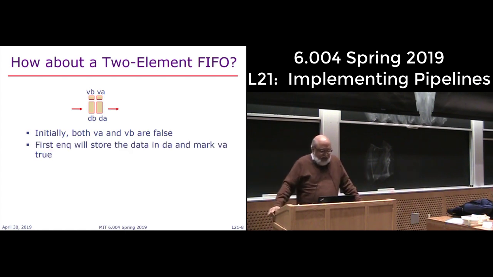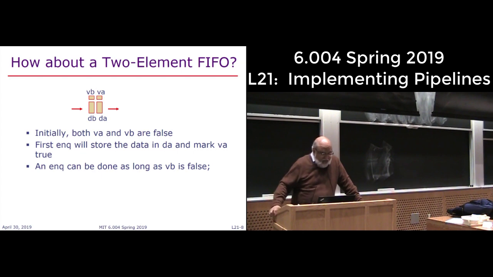All right. So first, NQ will store the data in DB and mark VB as valid, right? And NQ can be done as long as VA is false. I think I made a mistake here.